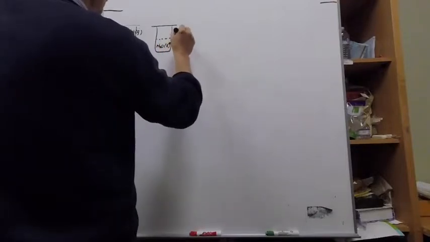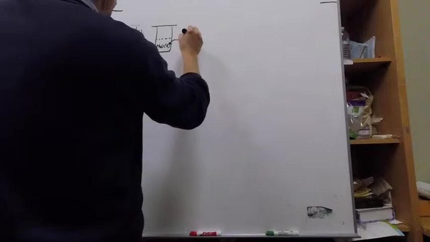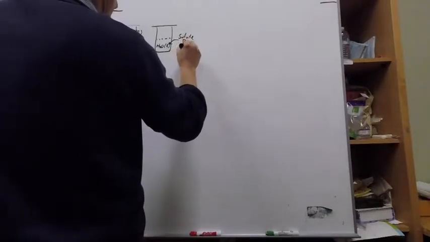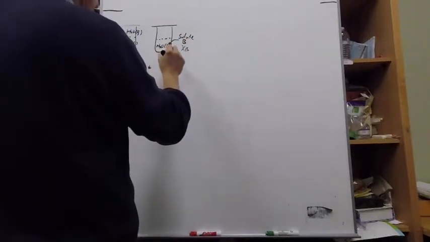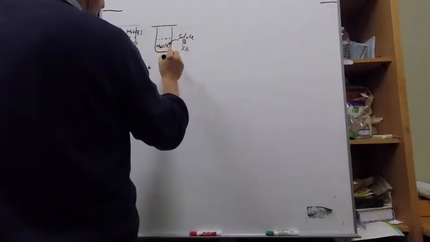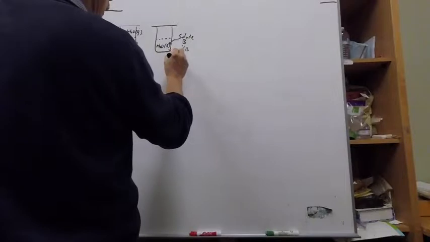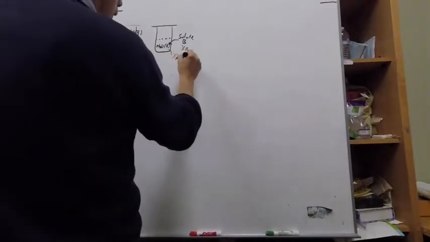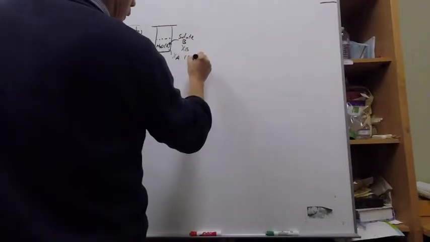We are adding some solute, let's call it B, with a mole fraction of B, so that the water's mole fraction now becomes A. This A refers to water for the moment.